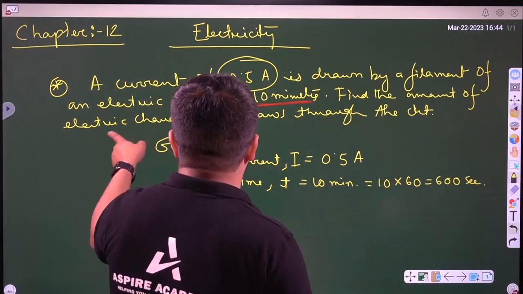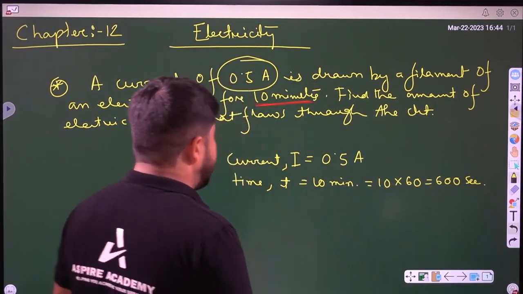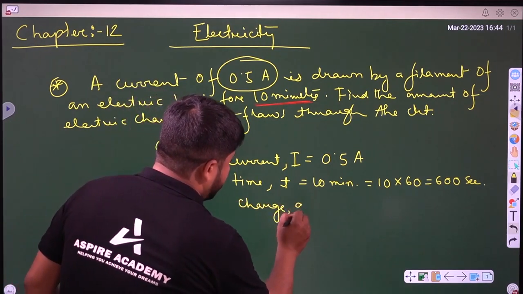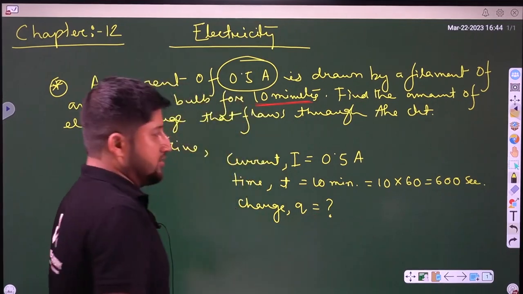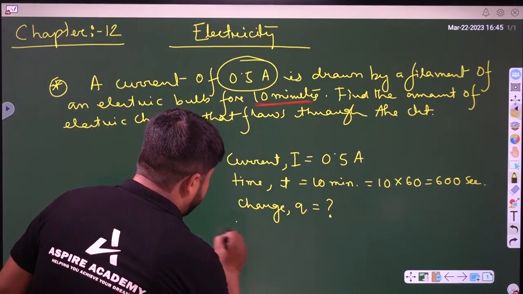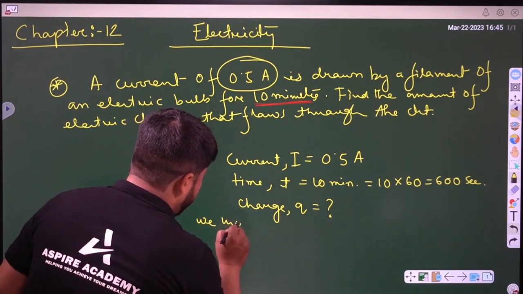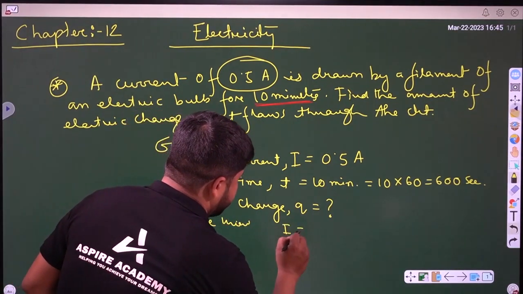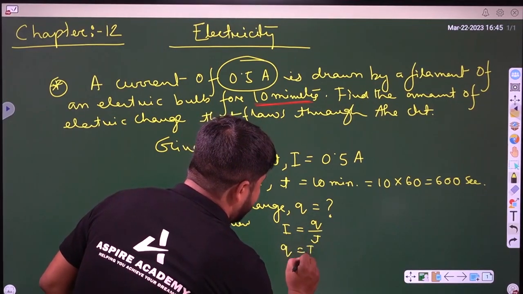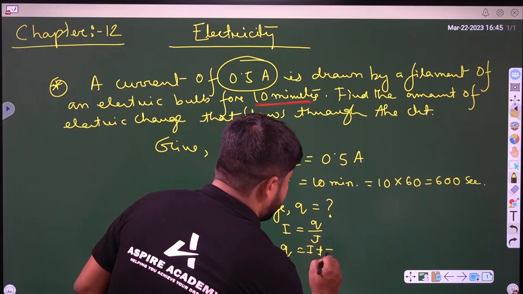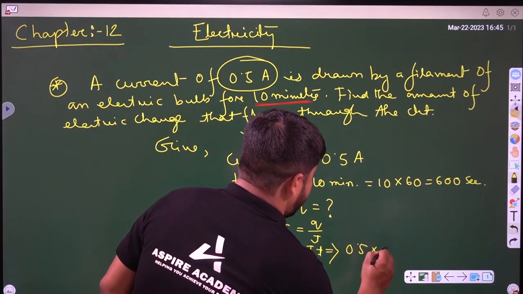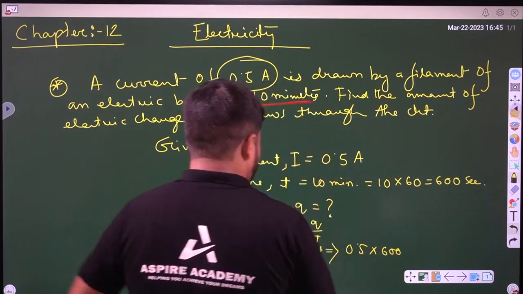Find the amount of electric charge that flows through the circuit. So now we have to calculate the charge, small q. We know that I is equal to Q by T, so Q is equal to I into T. I is 0.5 into T, which is 600 seconds.